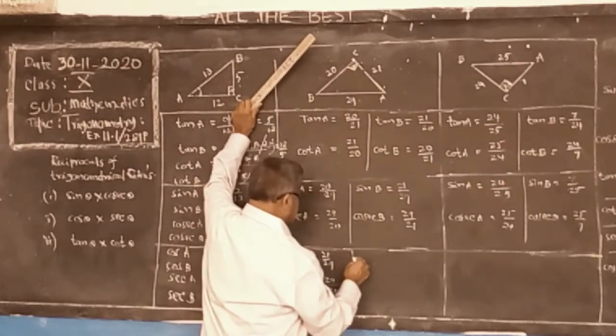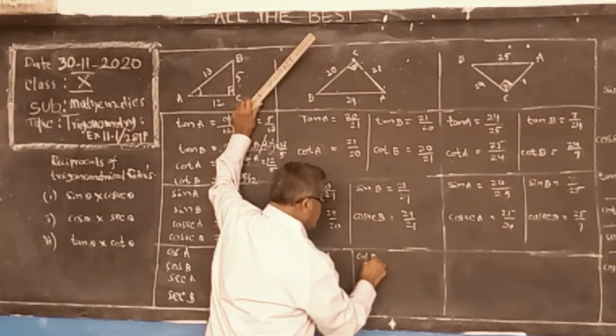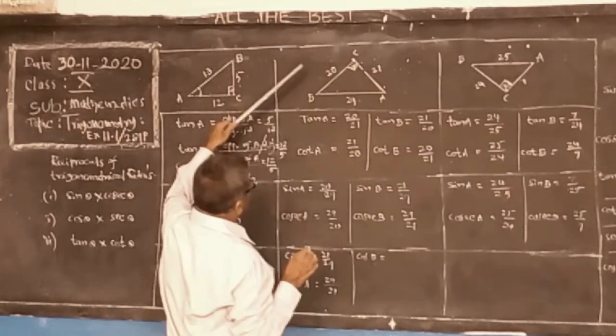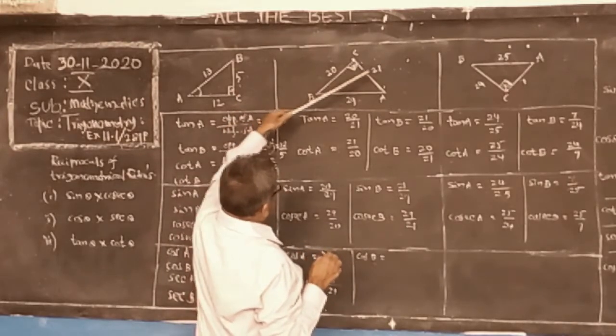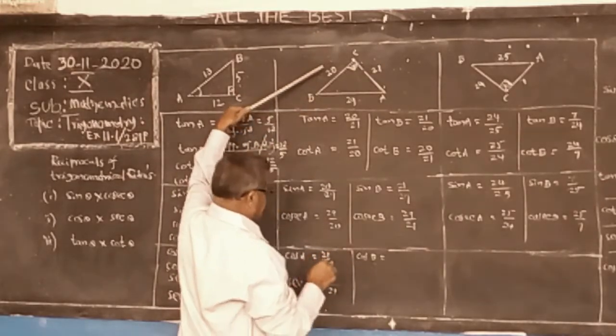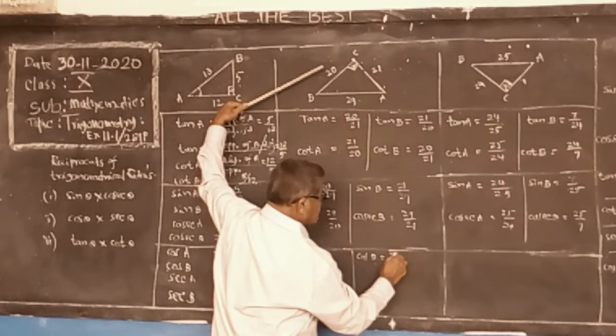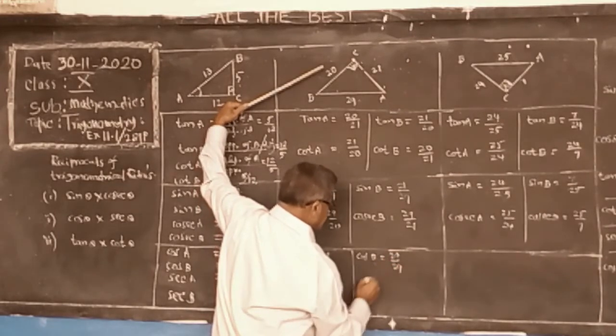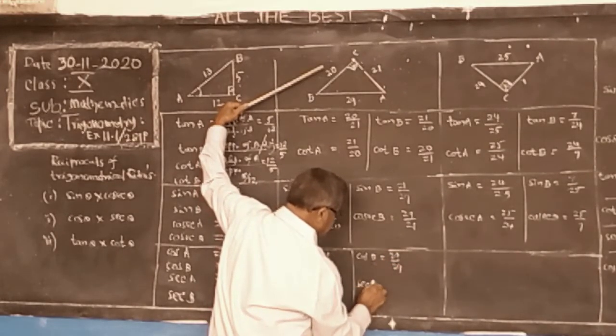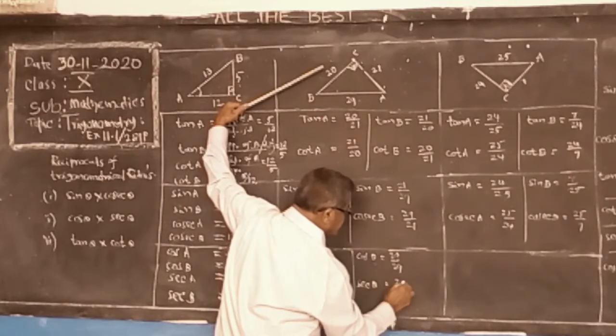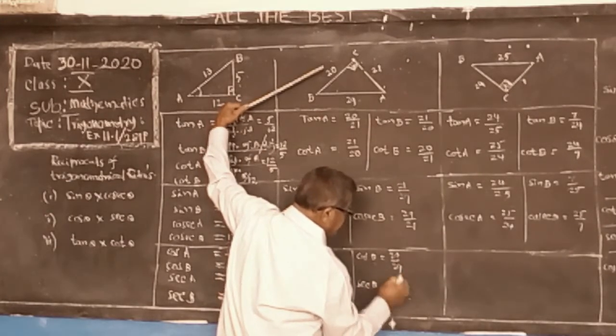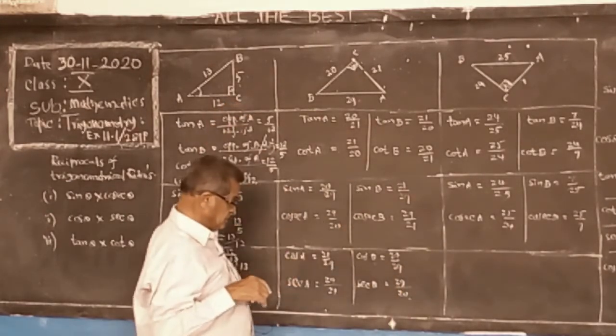Now next cos B is here, opposite is 21, adjacent is 20 by 29, and reciprocal sec B is equal to 29 by 20. So like this.